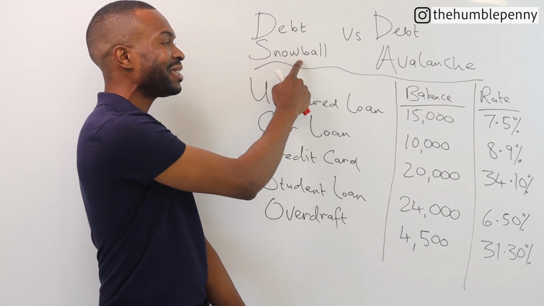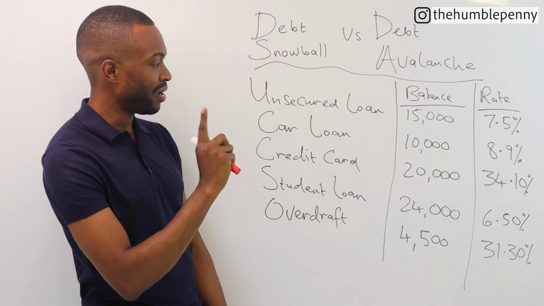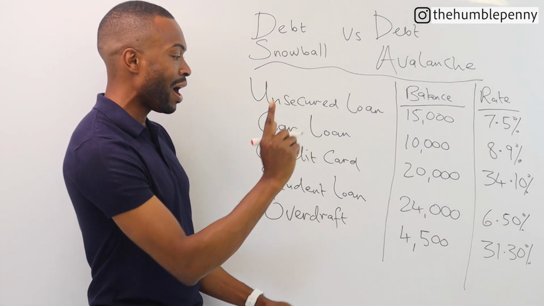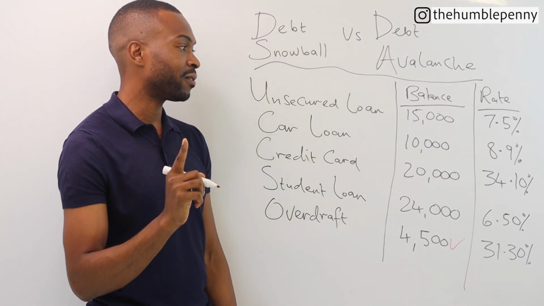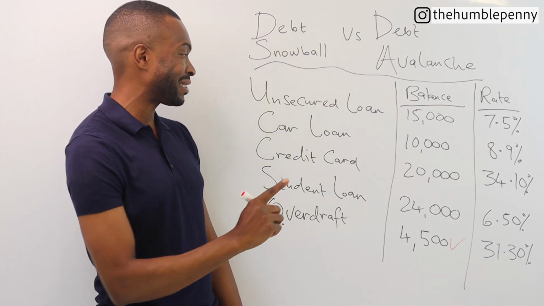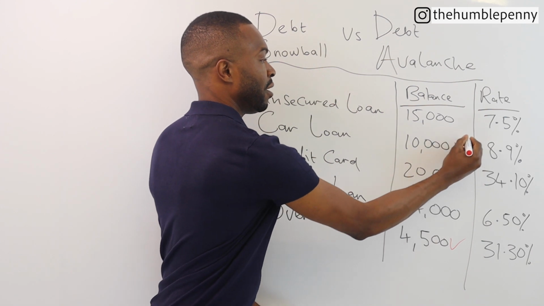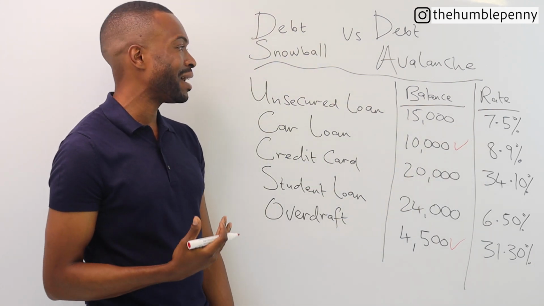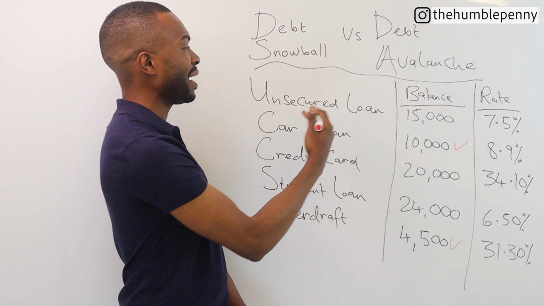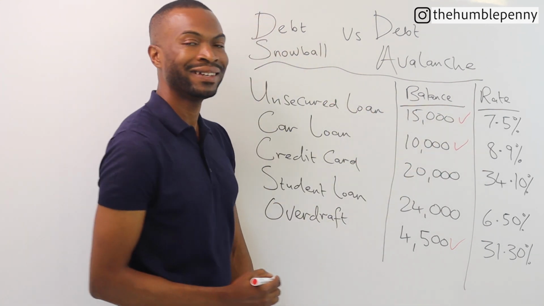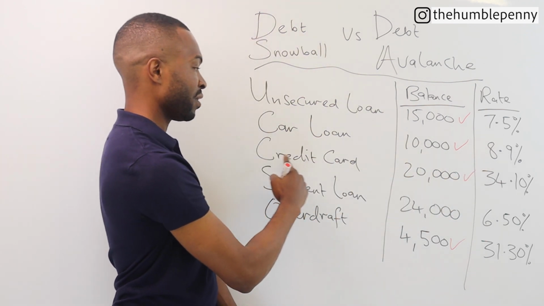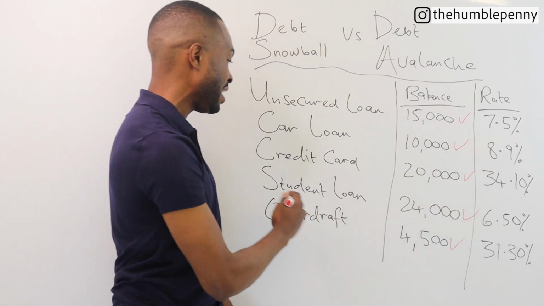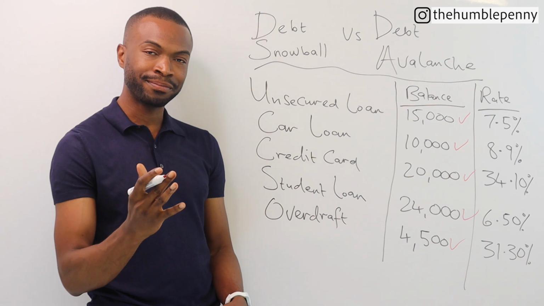So if you were doing debt snowball, you'd be saying, okay, so what I'm going to do first is I'm going to pay off the 4,500 first, the overdraft. Then you'd say, next I'm going to pay off the car loan next. Then you say, after that, I'll pay off my unsecured loan. And after that, respectively, you can see the trend. You would be paying off the credit card, and then you'd be paying off the student loan.